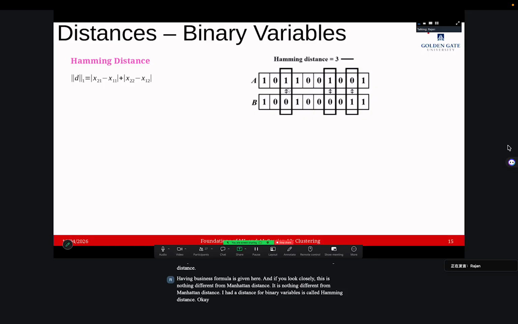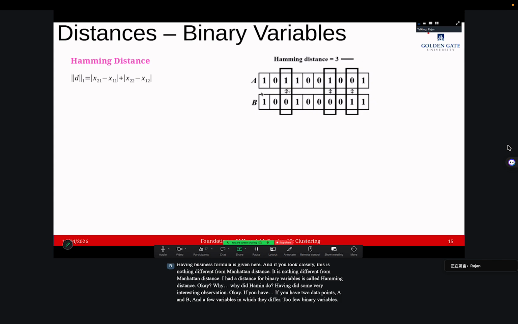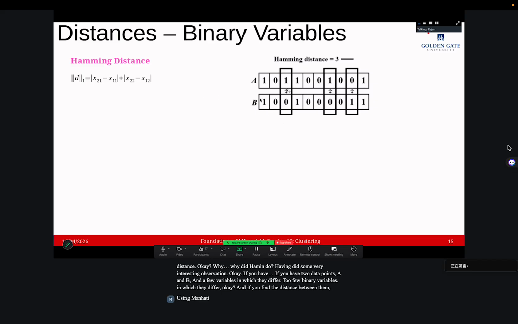Why? What did Hamming do? Hamming made a very interesting observation. If you have two data points, A and B, and a few binary variables in which they differ, and you find the distance between them using Manhattan distance, what will you find?